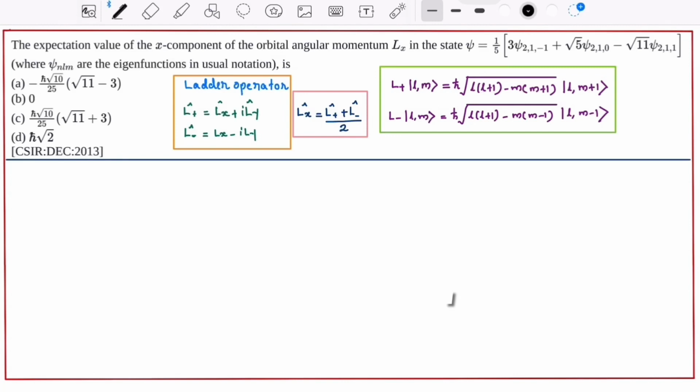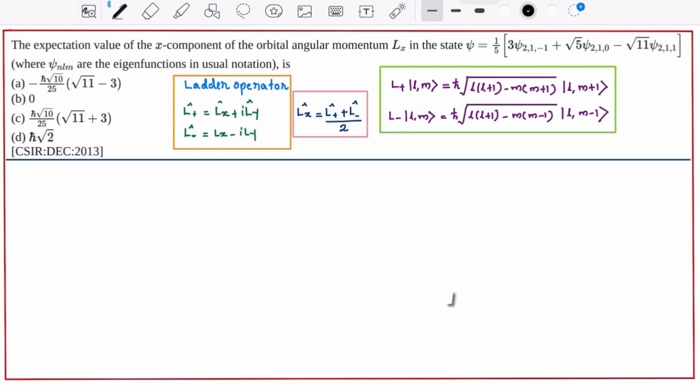We have Lx equal to L plus plus L minus by 2, where L plus and L minus are ladder operators. When L plus operates on the state lm, you will get h bar root of l into l plus 1 minus m into m plus 1 times the state l, m plus 1.